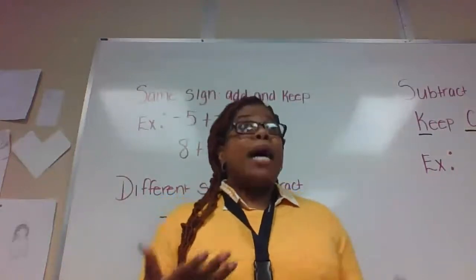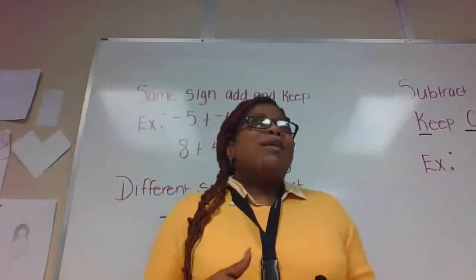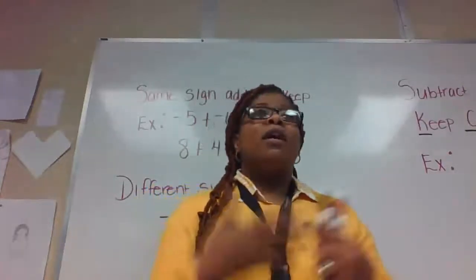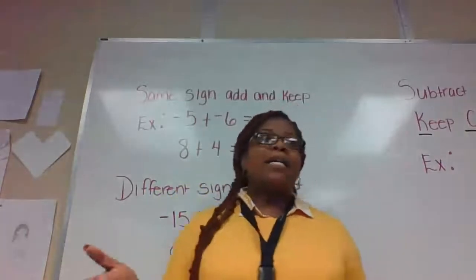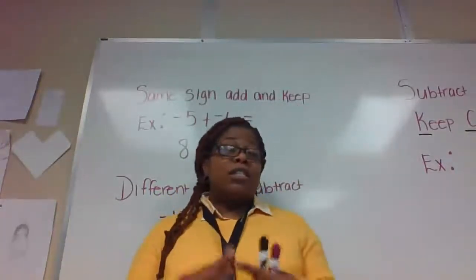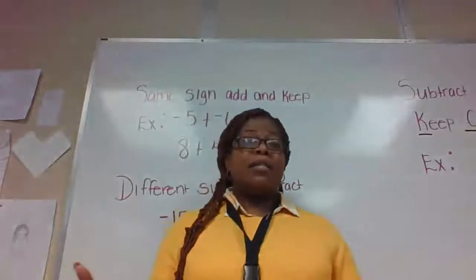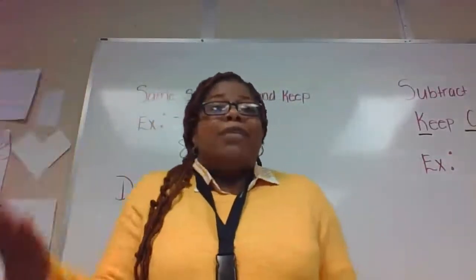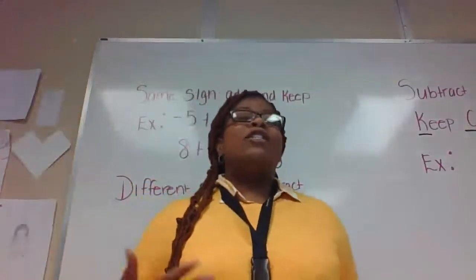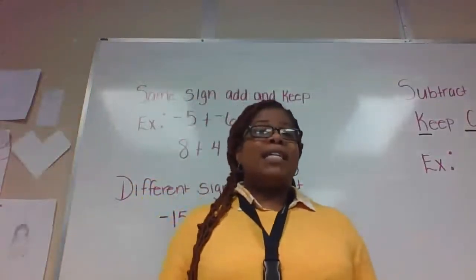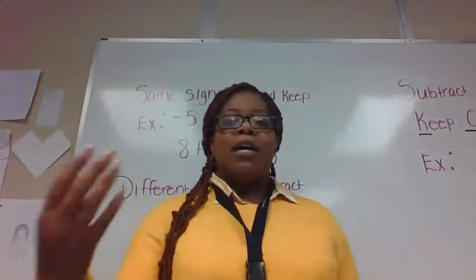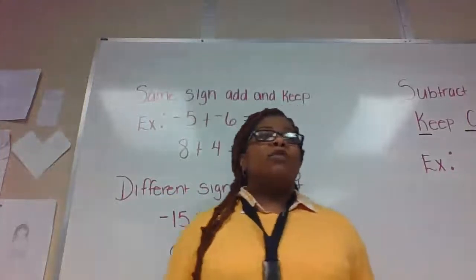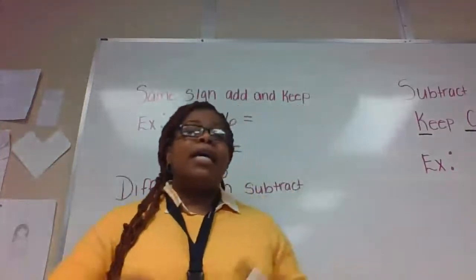When we have positive numbers, you sometimes will see an actual plus sign or a positive sign in front of it, but for the most part, the number is just by itself. And we automatically know that it is a positive number. Now, negative numbers are very specific. They actually have the negative sign in front of them so that we know that this is indeed a negative number.